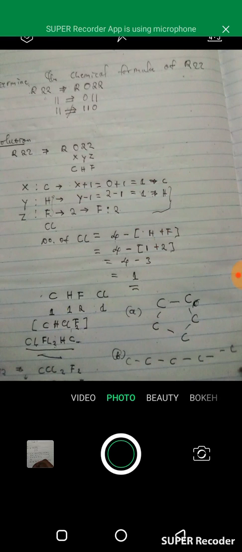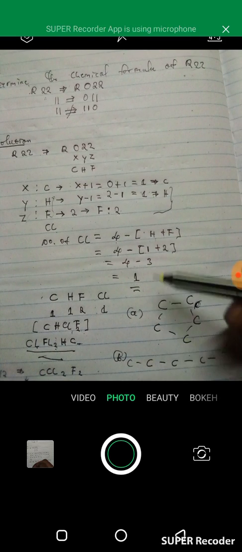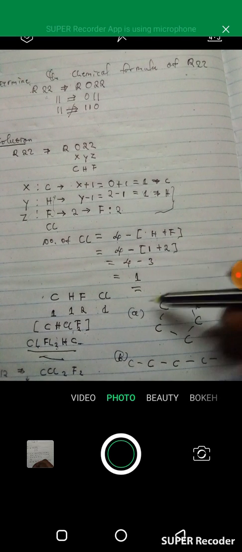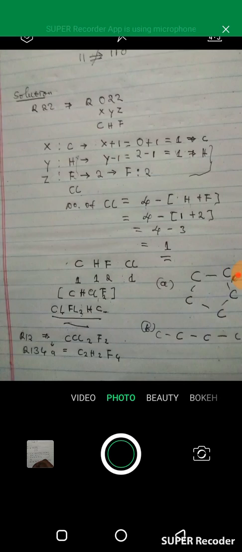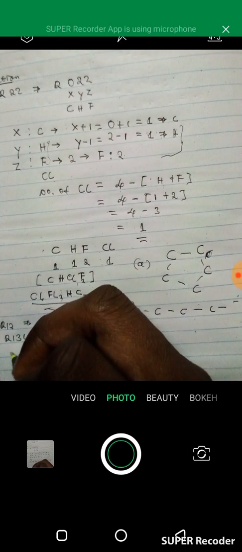But if you write the chemical formula, that's why we get R134 for A. I think what I'm looking at is supposed to have R134a on its own, just like that.